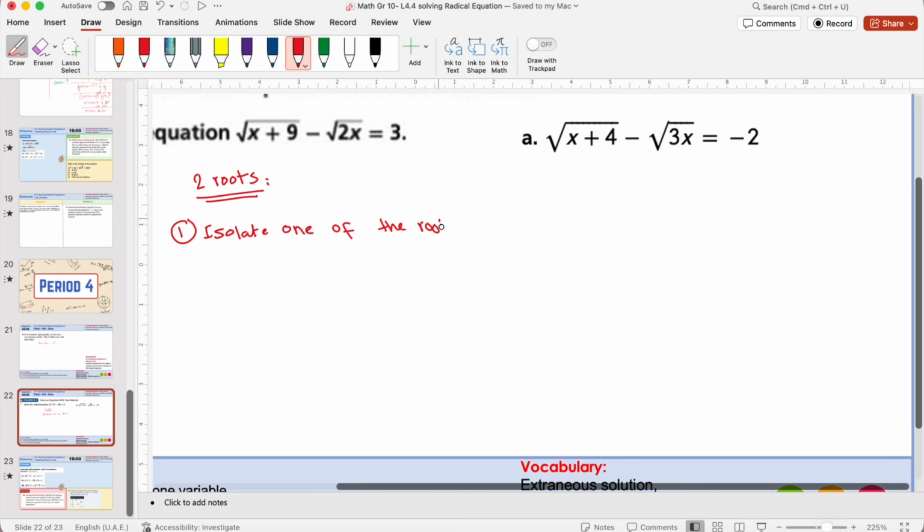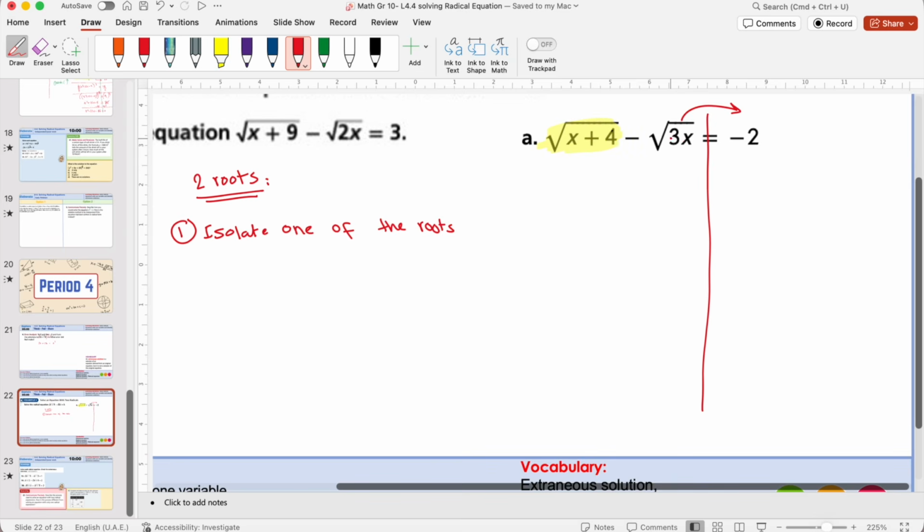Personally, what I like to do is I would prefer to isolate the one with more terms or the one with addition, because I feel like it's more complicated to work with. So in this case, I will prefer to isolate this root and just take this one to the other side.